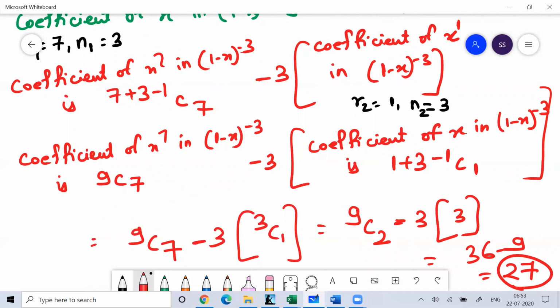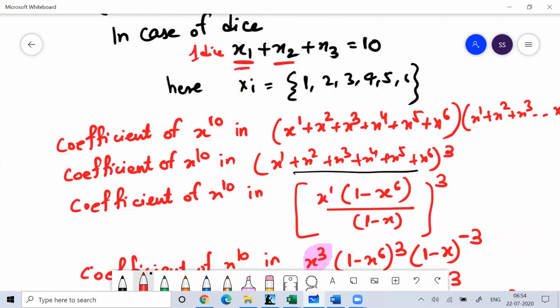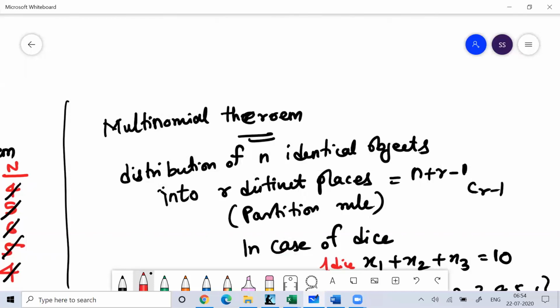This is the application of the multinomial theorem to solve the problem on dice. If you apply the multinomial theorem, you can get the answer like this. So this is just an understanding. If you develop this understanding, the multinomial theorem will definitely be applicable for many such problems which the usual formulas will not be able to give you.